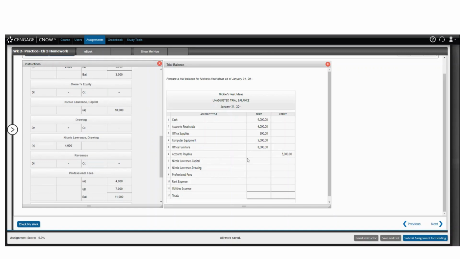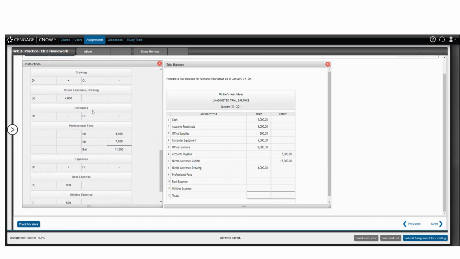So go down to capital, slide over to credit, and put in $18,000. My drawing, I see $4,000 in drawing on the debit side. Okay, so I'm going to go over to my trial balance, type in $4,000 for drawing.